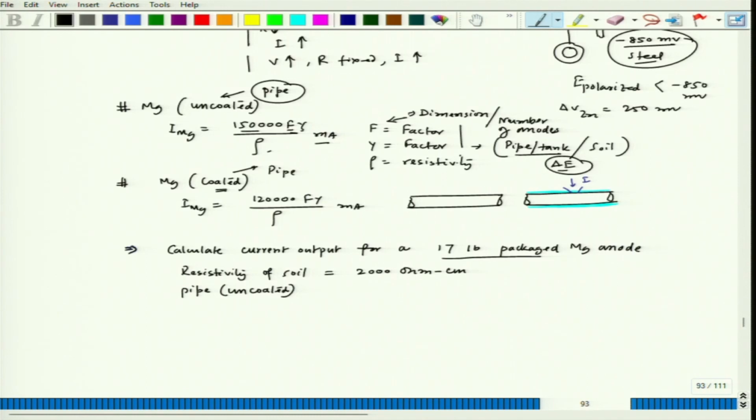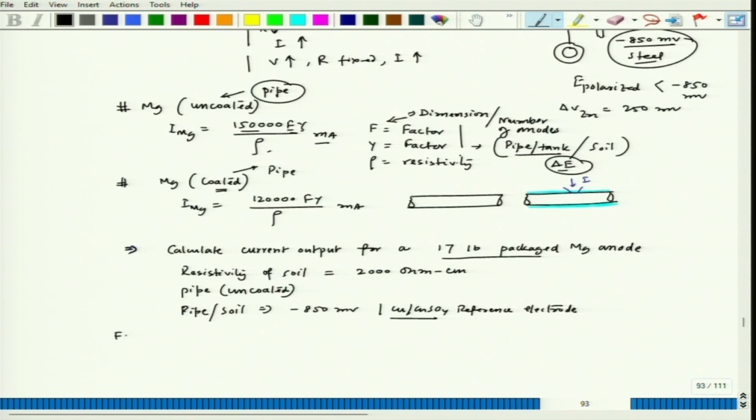And the pipe and soil potential difference is around minus 850 millivolt. Okay, so that's the potential difference, and of course this is measured with respect to a copper sulfate reference electrode. Fine. Now, in that case we can calculate.